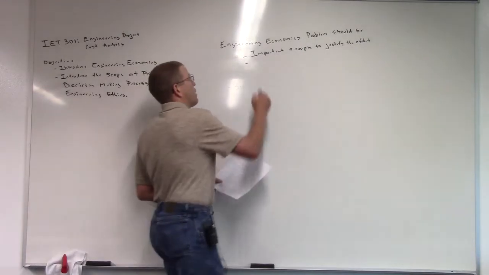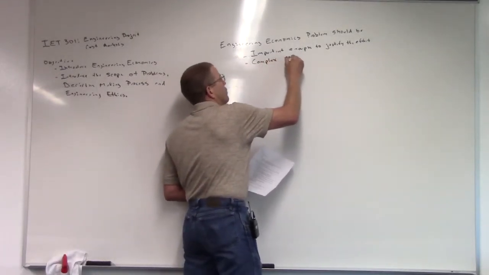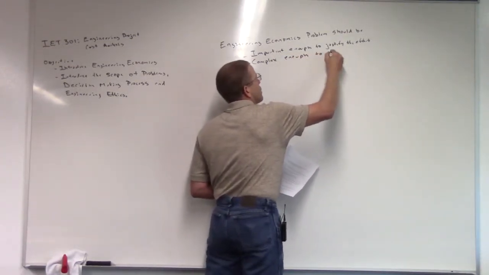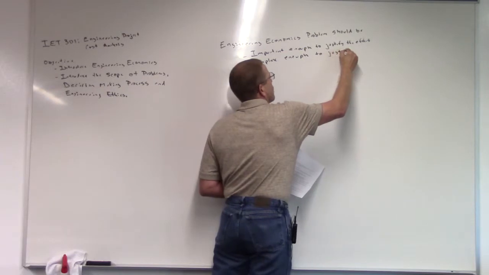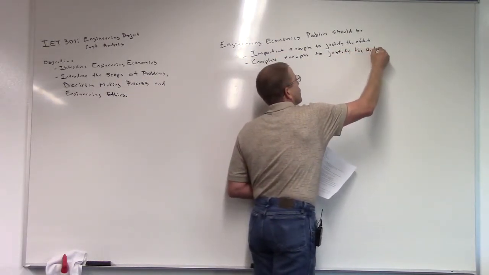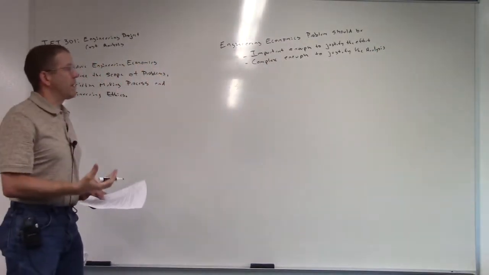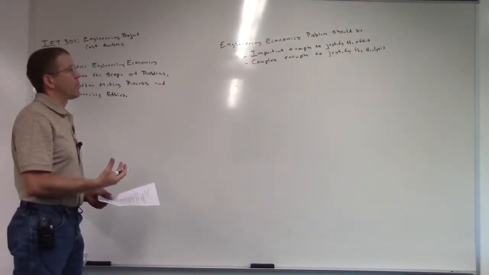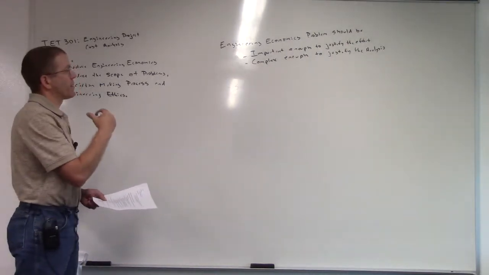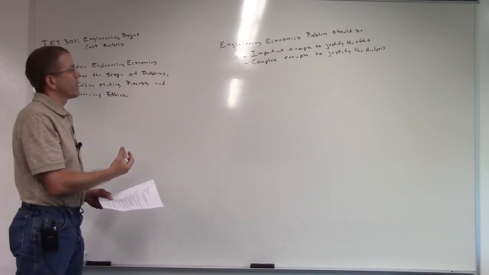It needs to be complex enough to justify analysis. Keep in mind, this just means that there should be more to it than just thinking through the solution. We should have to develop an analysis process in order to get the job done.